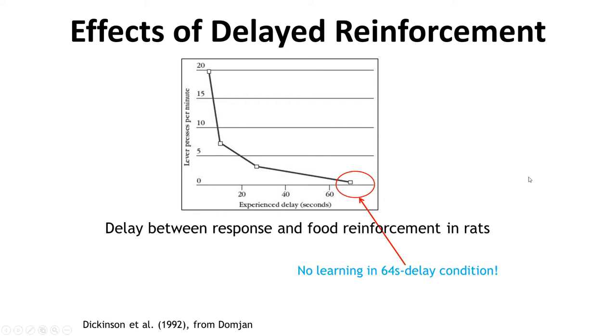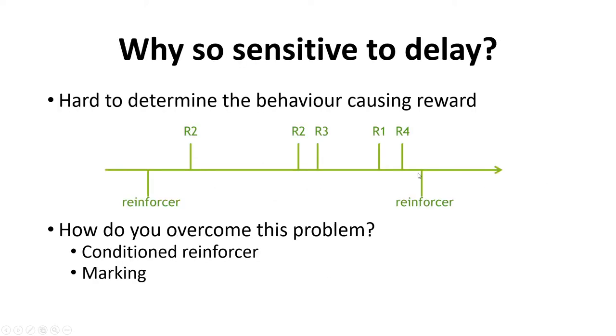But why? Why do we see this pattern? Why are organisms so sensitive to delay? The basic idea is that when there's a delay, it's actually really hard to determine which behavior that you've performed was the cause of you getting that reinforcer. Basically, you find it hard to decide which action you should credit for getting that reinforcer.